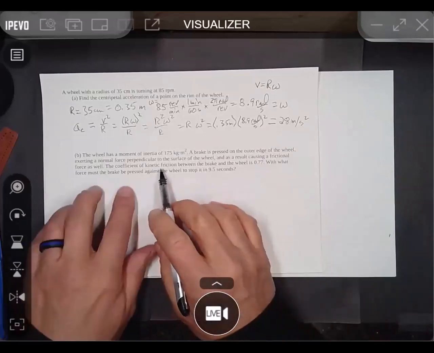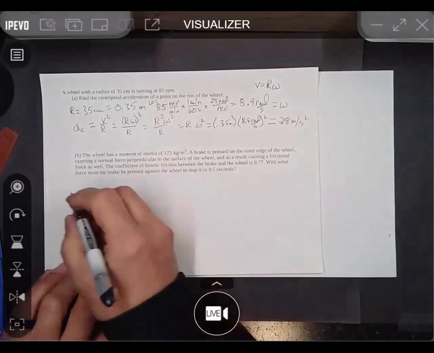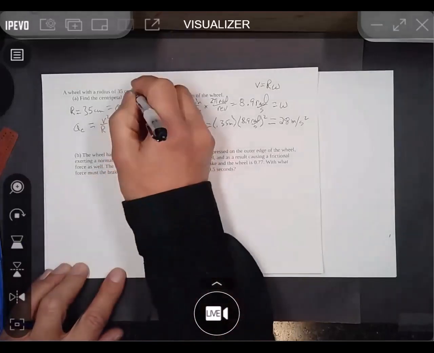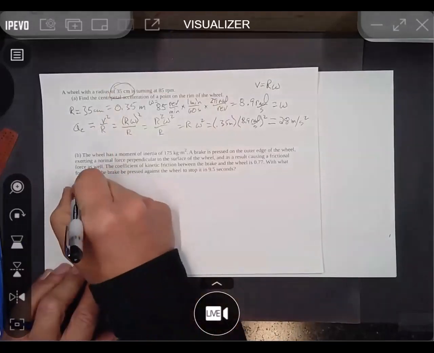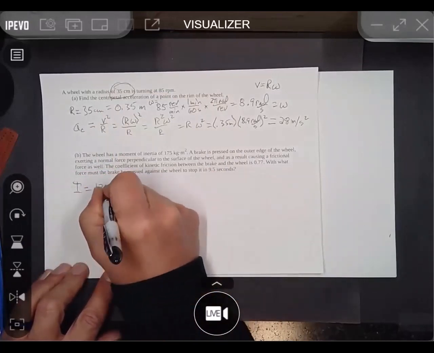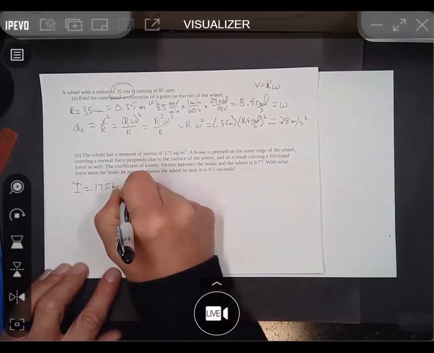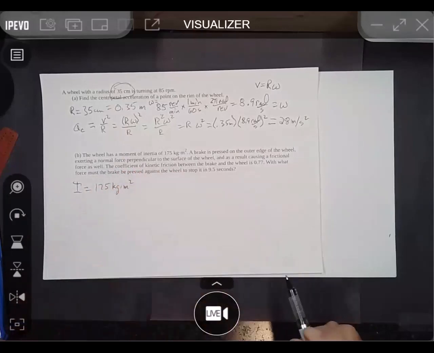Okay, we're told the wheel has a moment of inertia of 175 kilogram meters squared, and we know its radius. So I for that thing is equal to 175 kilogram meters squared.